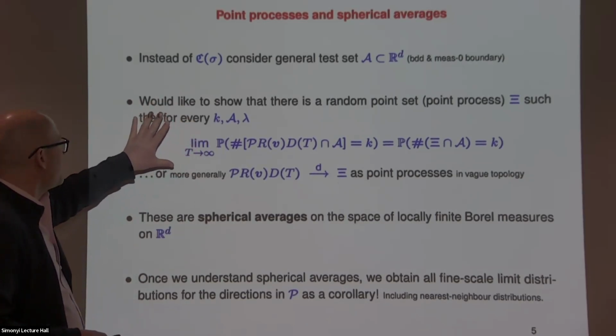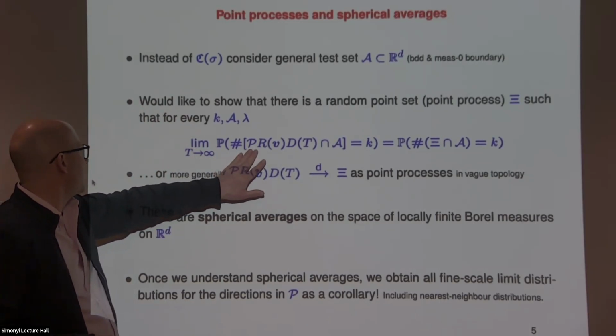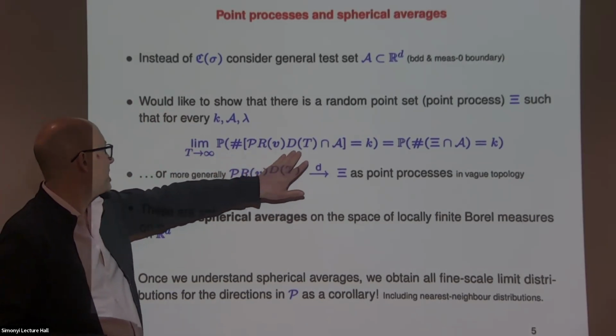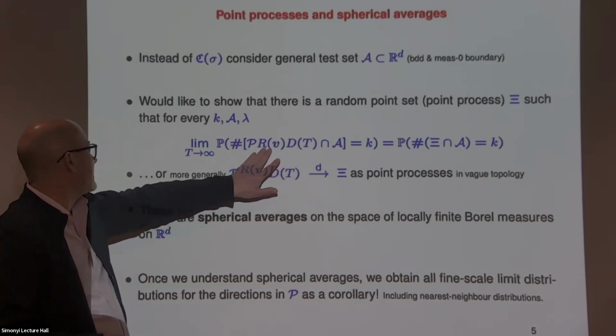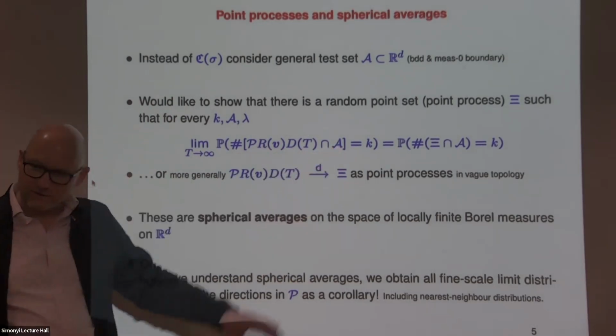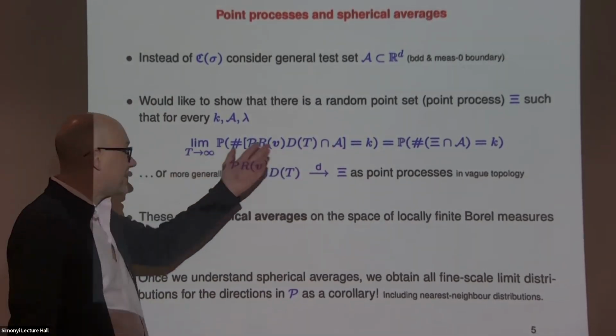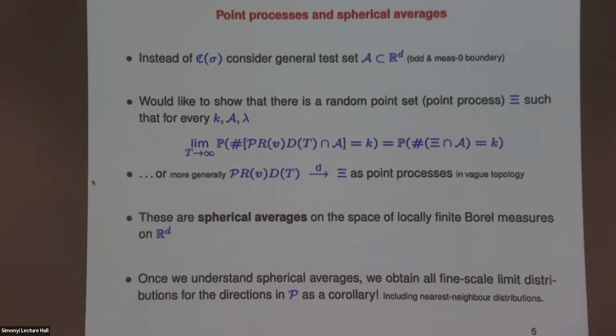And so what we're really asking here is the following question. We're asking a question about a randomly rotated point set that's then stretched. We're asking what's the probability that this set intersects a general given test set A in k points. What we'd like to prove is that as t tends to infinity, remember that's our limit, right?